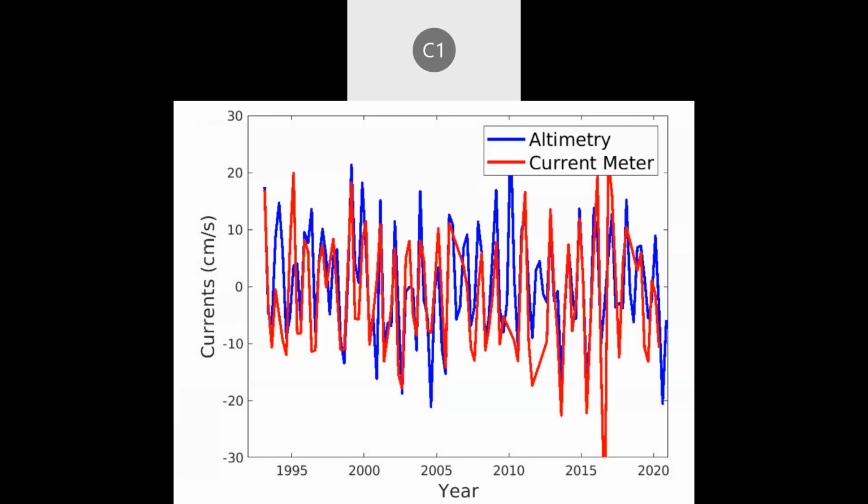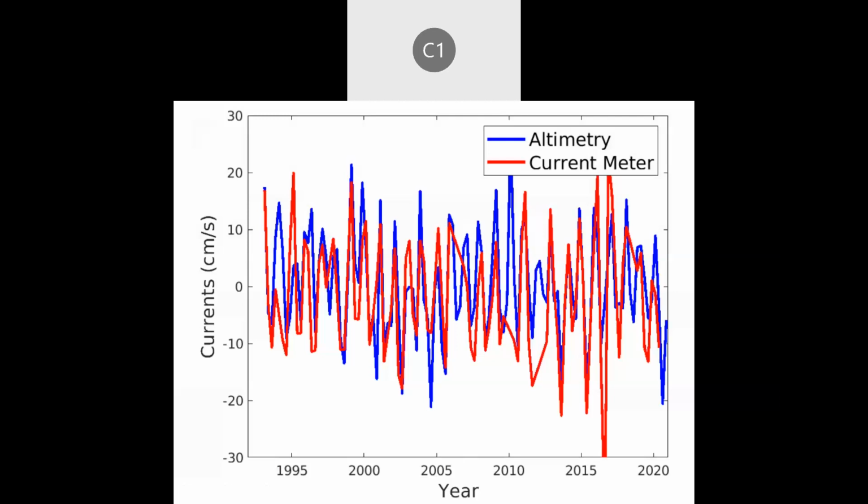If you look at synoptic variability, there's a very good agreement between altimeter and current meter data. And in terms of interannual variability, there's also reasonably good agreement, with the long-term correlation about 0.6, significant at the 99% confidence level.